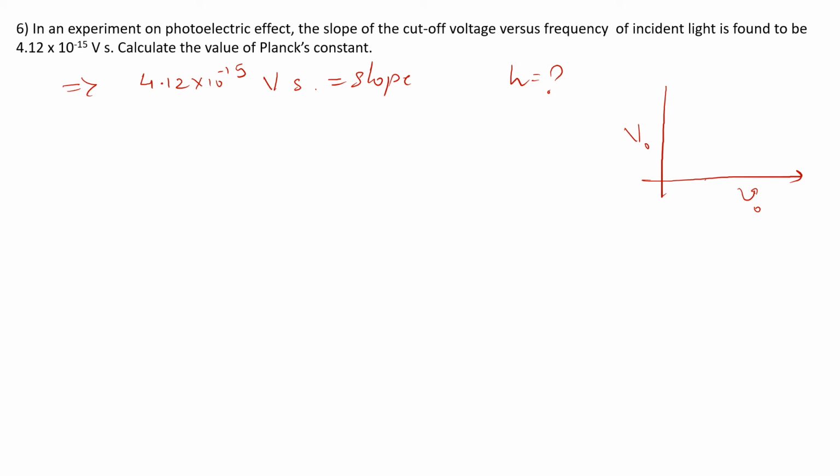Between these two we get a linear, straight line. When you extend this straight line, you will get somewhere here. This is the intercept on the y-axis. I'll explain this to you later.